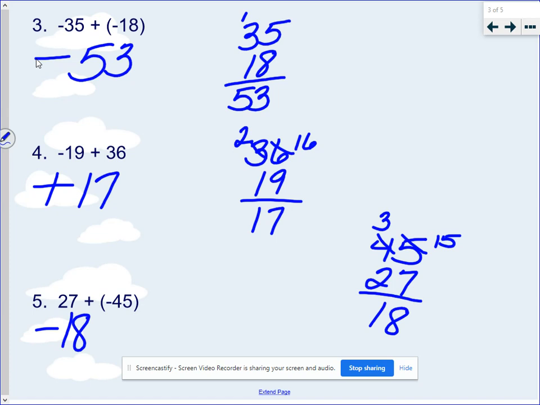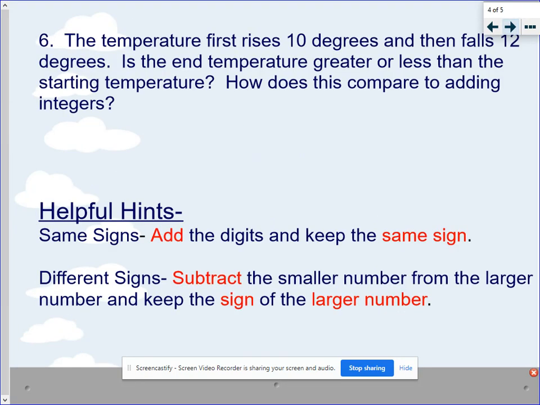Now, I have created a little shortcut that will help you to remember this. It is called helpful hints. Same signs, add the digits, keep the same sign. Mrs. First likes to call this same sign, take the sum, keep the same sign.